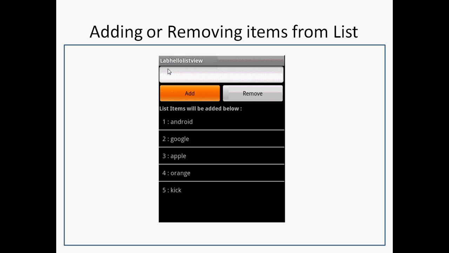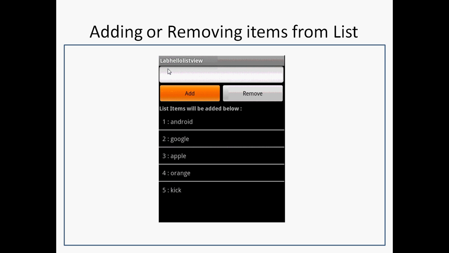After specifying the data items and design for each item on the list view, we will do some dynamic stuff on the list view, like adding or removing items from the list. Here the example is shown for adding or removing an item. You can observe we have five items already added to the list view.